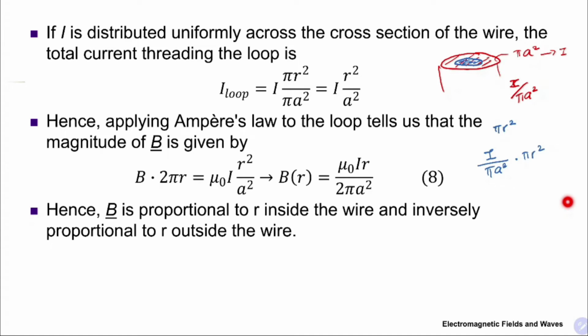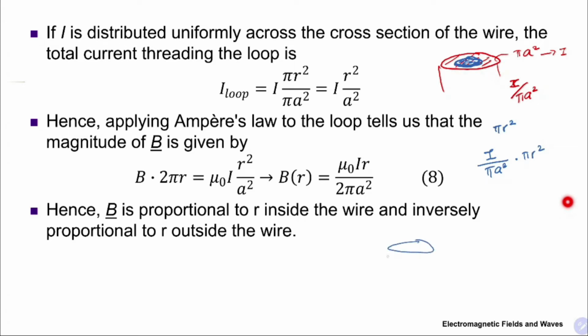If I draw my Ampere's loop around this, that will enclose the current I pi r squared over pi a squared. Let me recap.